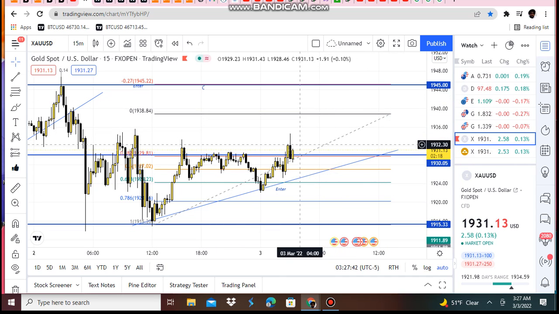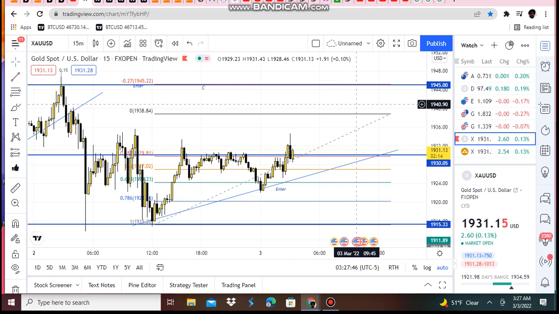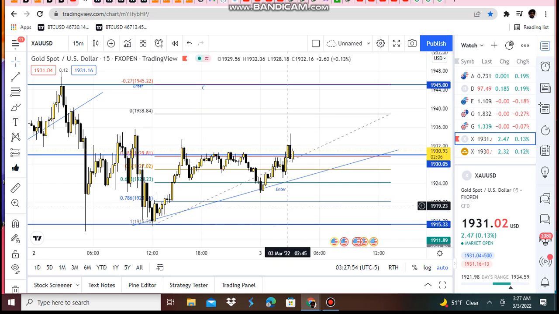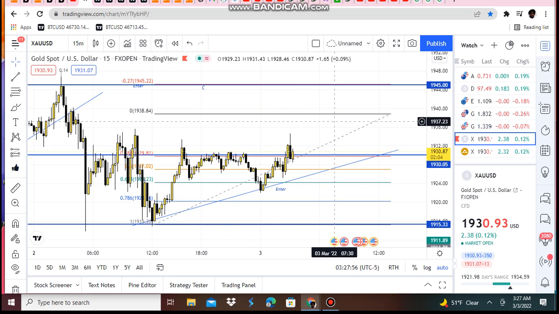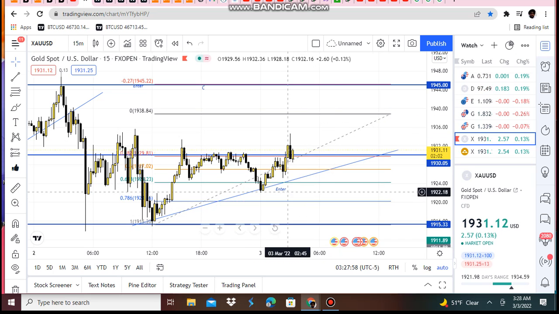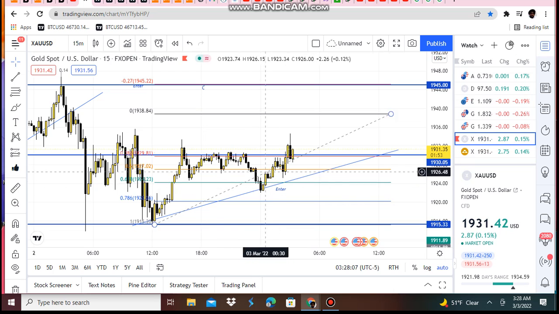So this is just my analysis of what gold is doing and what I would do in this trade. If I was trading this, this is what I would do exactly. I would do something like this. And then I would get in once price makes a higher low back down to 0.618 and bounces off this trend line, boom, and then makes this morning star pattern: yellow, black candlestick, yellow star, yellow candlestick.